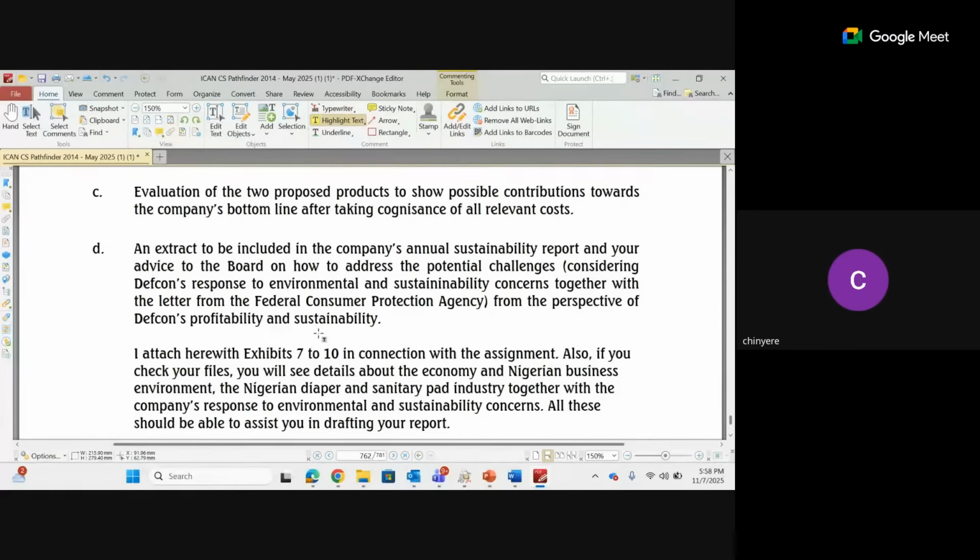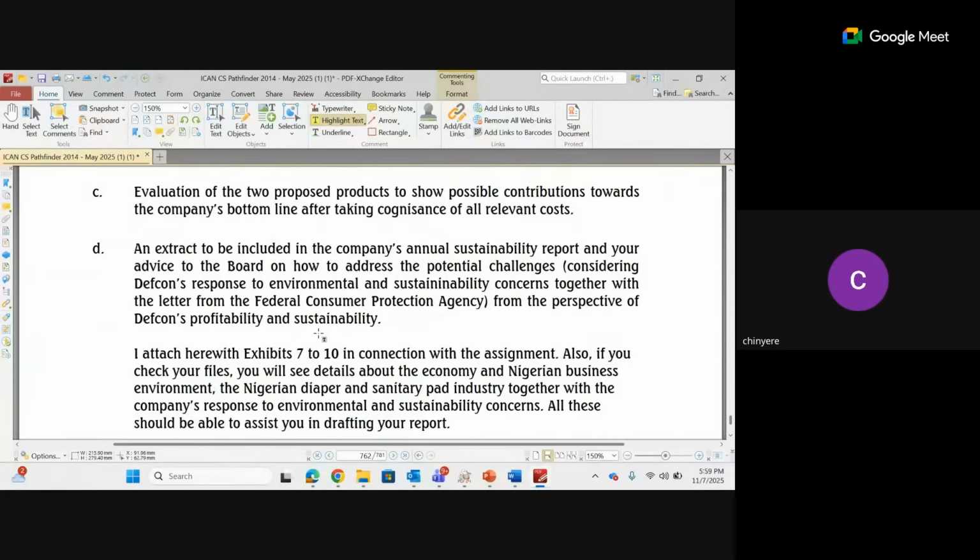D, an extract to be included in the company's annual sustainability report and your advice to the board on how to address the potential challenges, considering DEFCON's response to the environmental or sustainability concern, together with the letter from the Federal Consumer Protection Agency, from the perspective of DEFCON's profitability and sustainability.